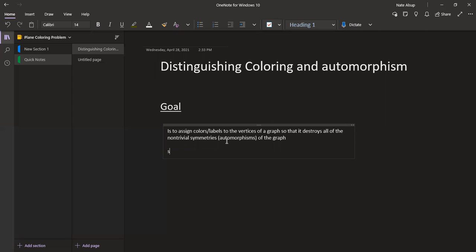To put it in simpler terms, it just means to break, in quotation marks, symmetry, and be able to identify a vertex uniquely by its graph properties and its color.